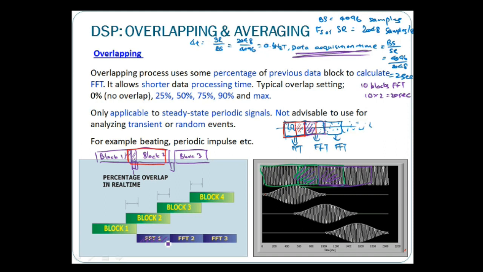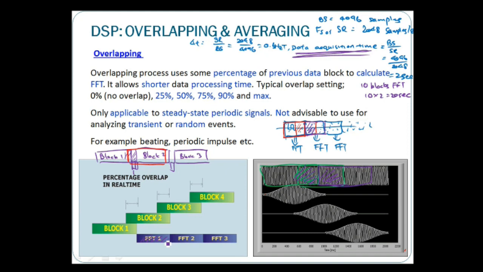It won't affect accuracy because you already know the signal. When you want to use overlapping, you must know your signal is steady, meaning you have a very steady amplitude. In this case, overlapping is no issue. It will save you time, and accuracy is not affected.